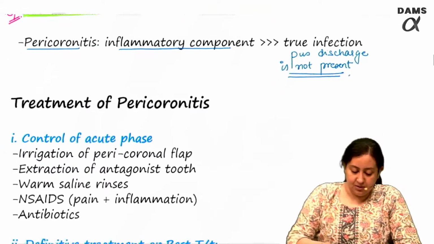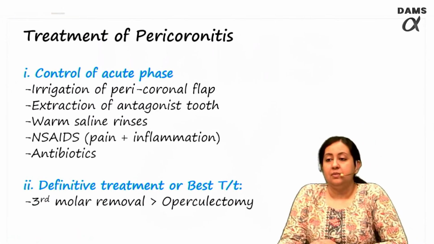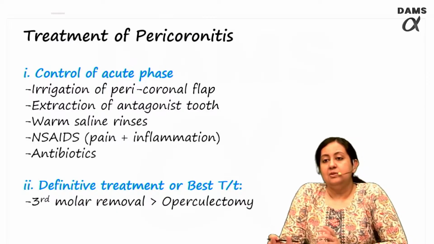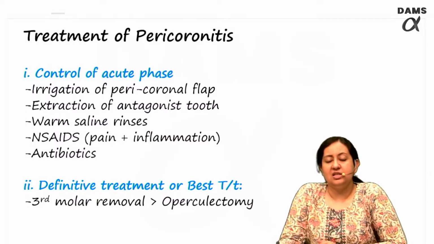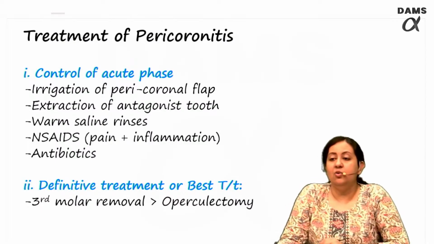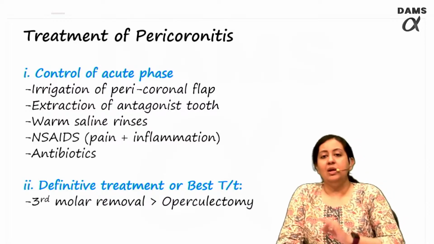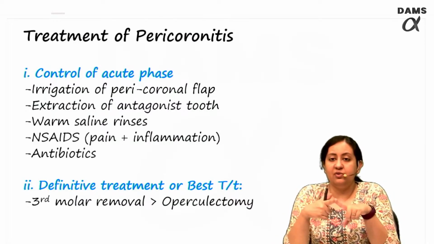Now let's see what is the treatment of pericoronitis. Whenever there is pericoronitis, that means there is acute inflammation present. We have to first take care of the acute inflammation before going for extraction or removal of pericoronal flap. You can approach this in three ways. First of all, you have to get the acute phase under control.